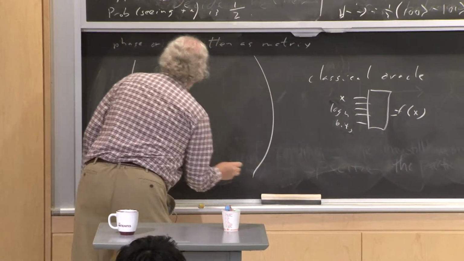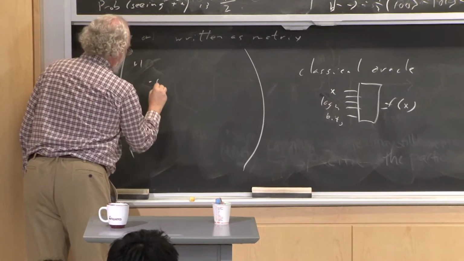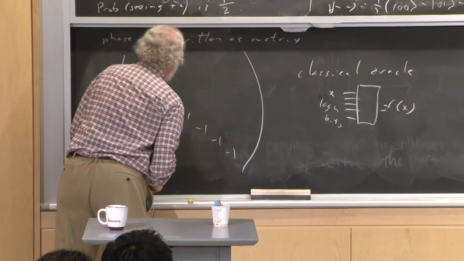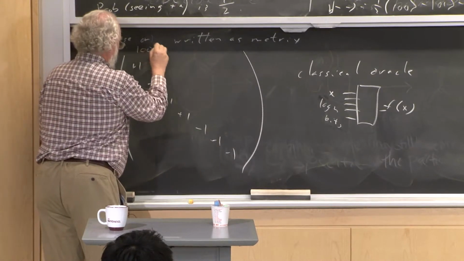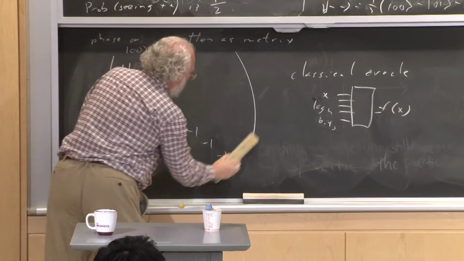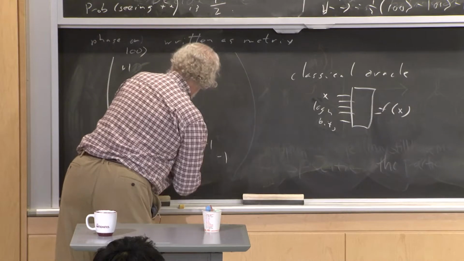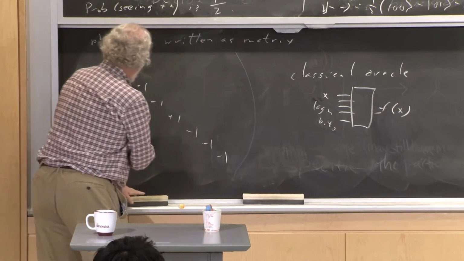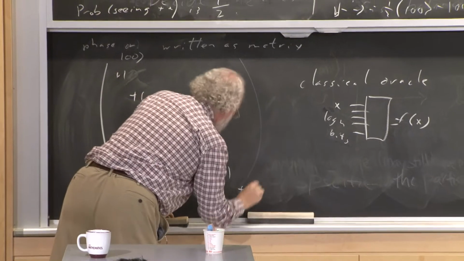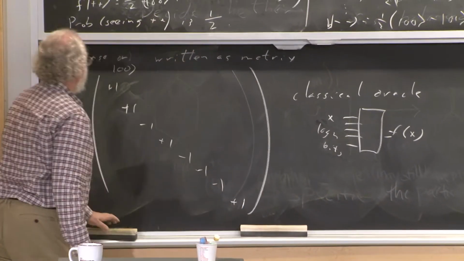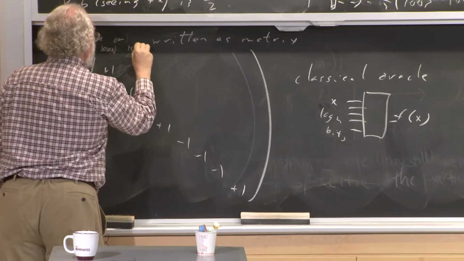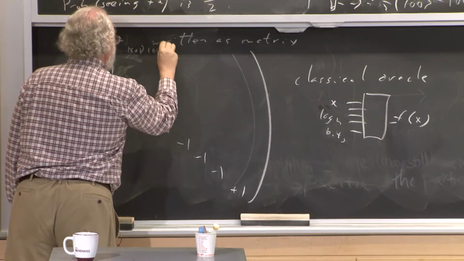And what it does is plus 1, minus 1, minus 1, plus 1, minus 1, minus 1, minus 1. Let's make this balanced. And this, of course, is 0, 0, 0, 0, 0, 1, 0, 1, 0, etc.